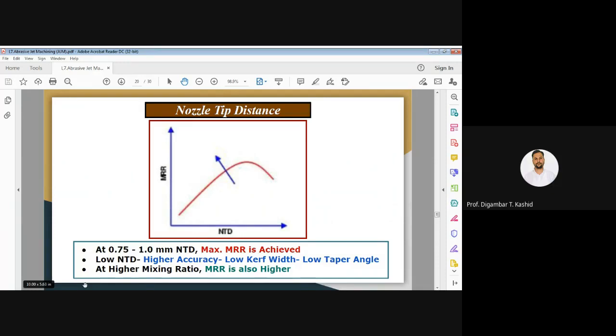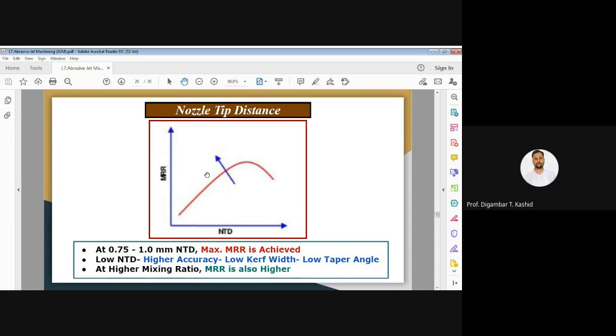The effect of this nozzle tip distance on the material removal rate: here the material removal rate is increasing, and then you have the maximum at the top. When you increase the nozzle tip distance, the material removal rate also increases up to a certain limit, that means you will have the maxima.